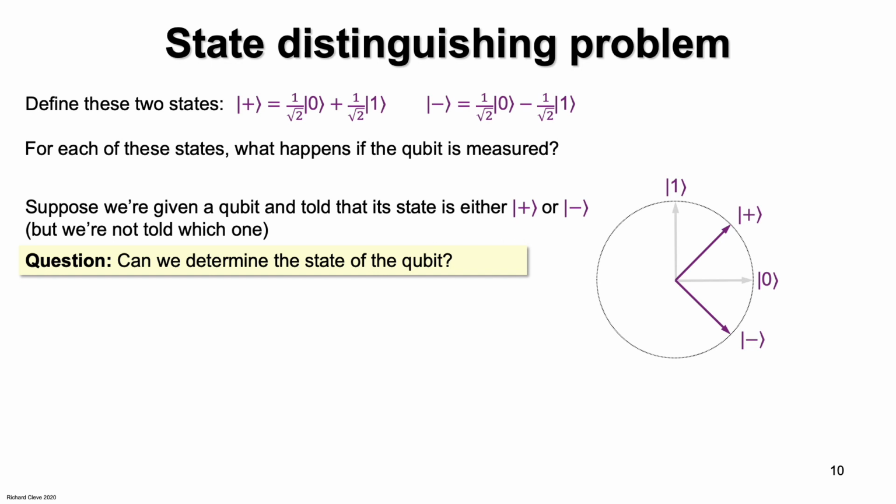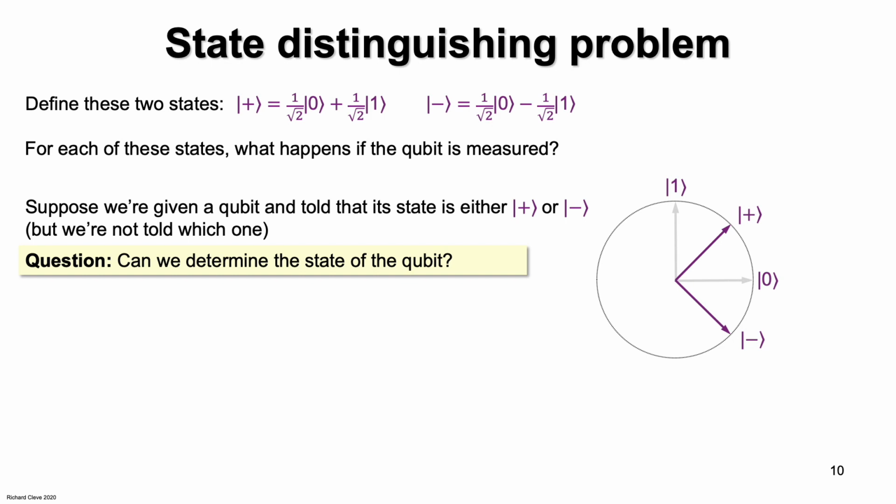Okay, so we want to distinguish between the plus state and the minus state. The first observation is that just doing a basic measurement, which is in the computational basis, is useless. For either state, the result will be a random bit with probabilities 1/2 and 1/2. There's no distinction.